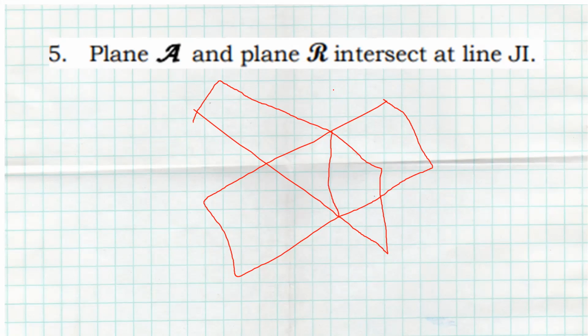And this line is J, I. Then you have to name the plane. So this plane, let's say this one is plane A, and this one is plane R. So this is for number 5.